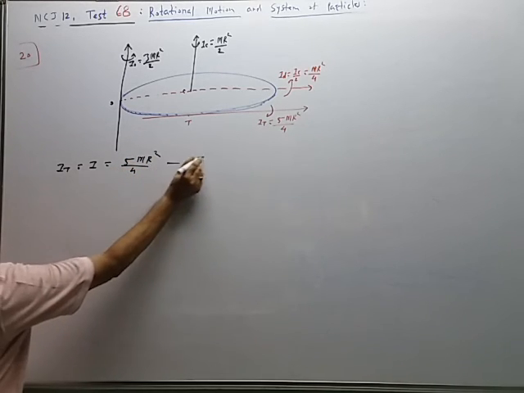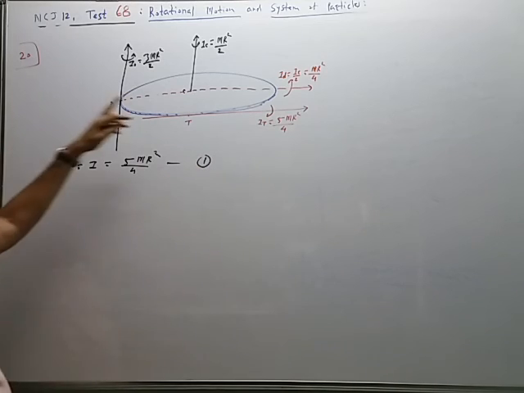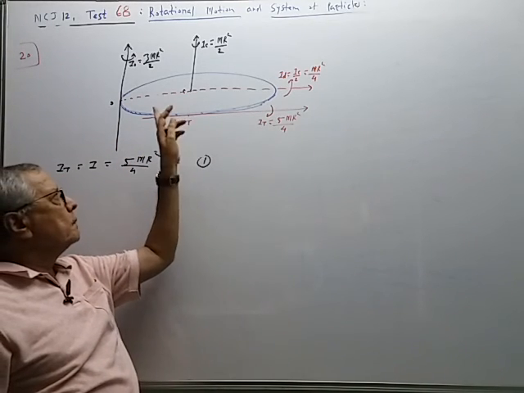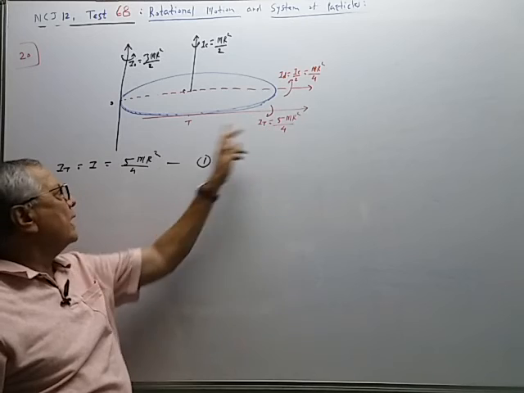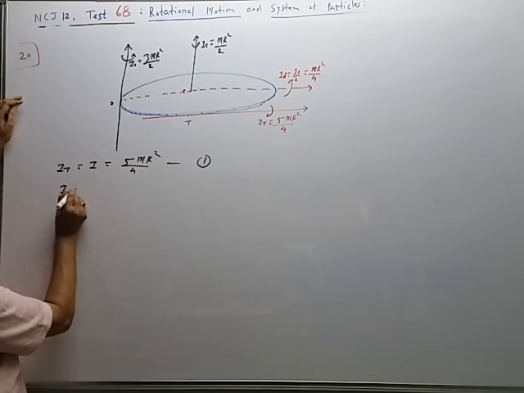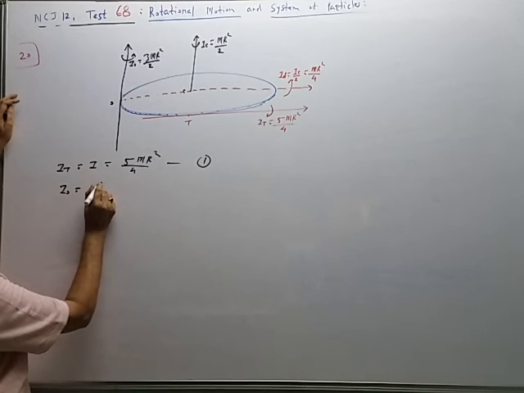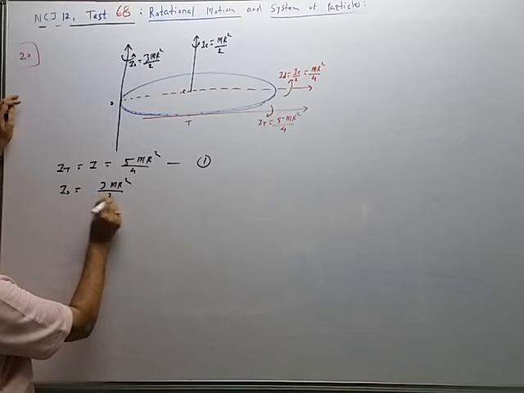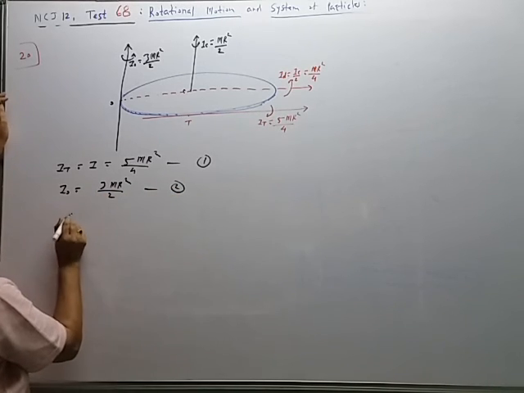This is given. The moment of inertia of the disk about the tangent parallel to the plane is I, this value is given to us, and IO is asked. IO is equal to 3 mr square by 2, equation second.